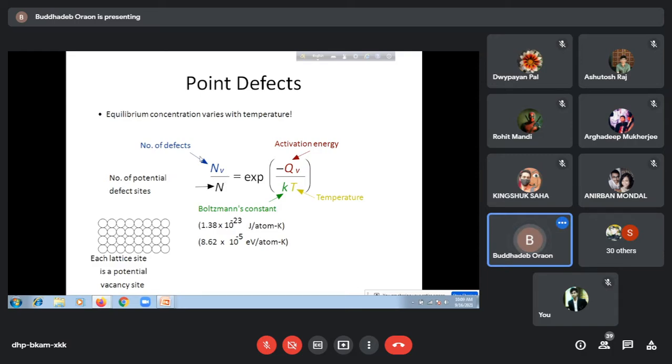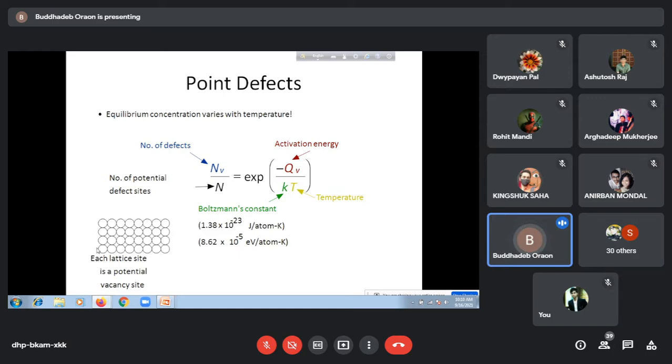Now, what does this equation involve? It involves different notations. Nv indicates the number of defects that will be produced at an absolute temperature capital T, and the denominator capital N indicates the total number of lattice sites.